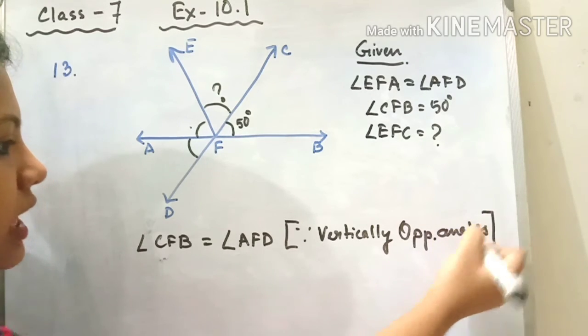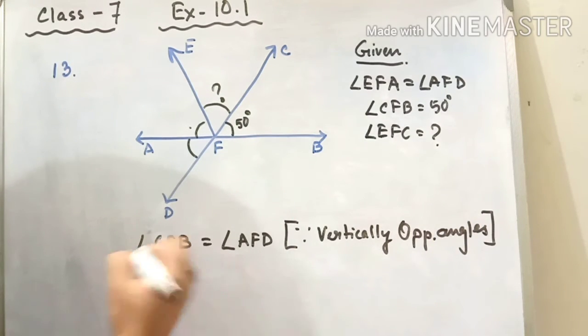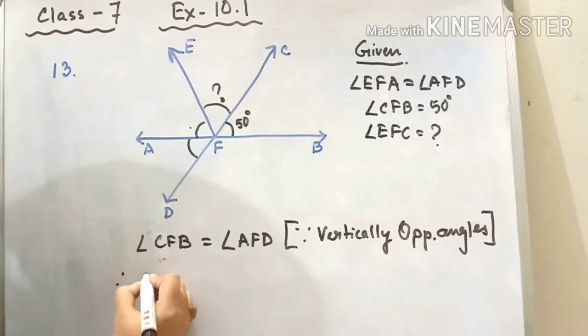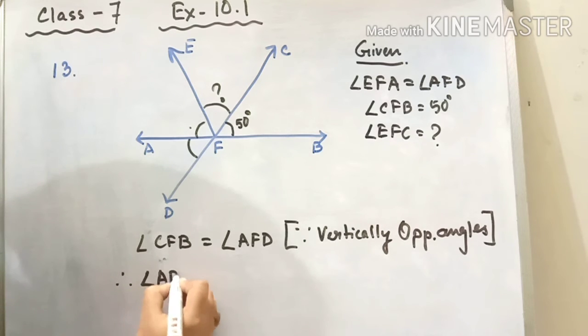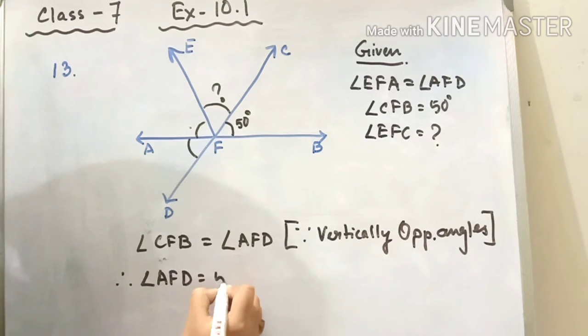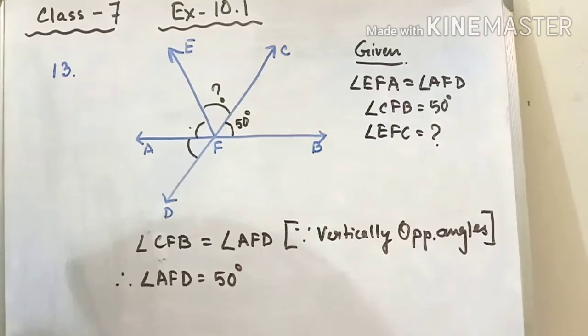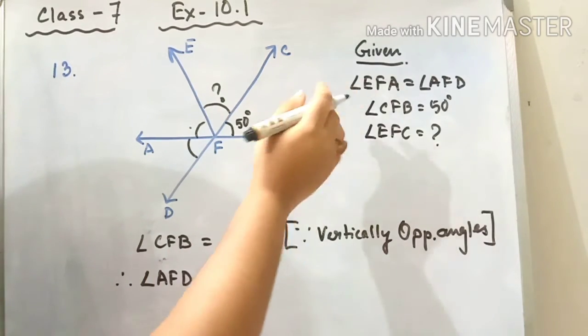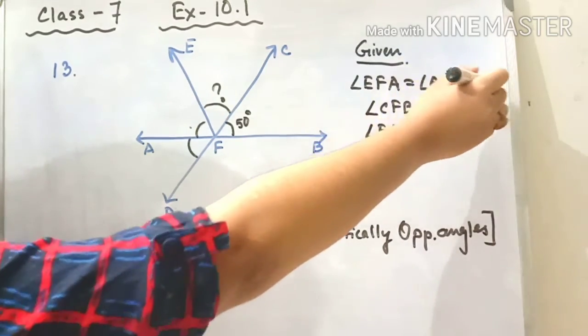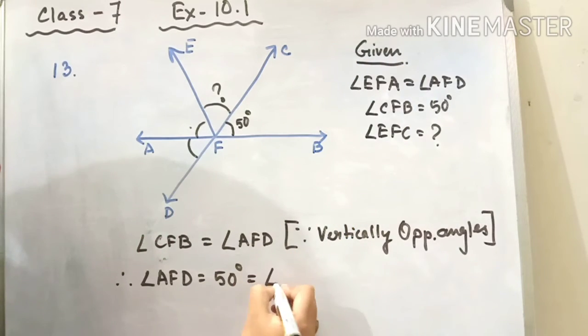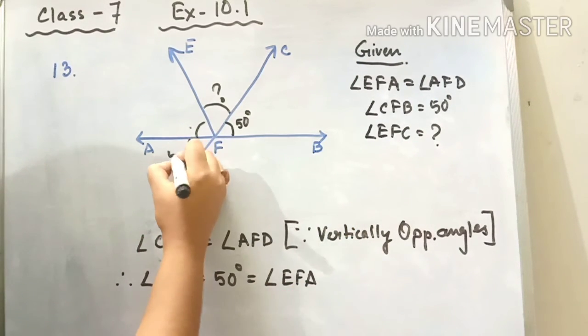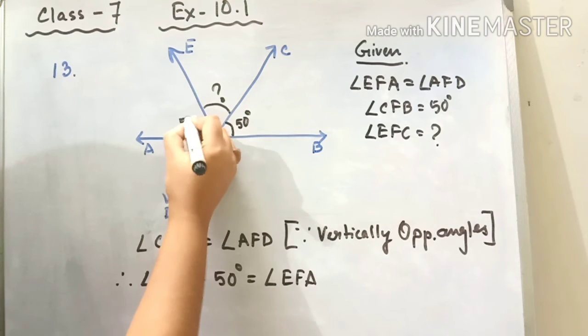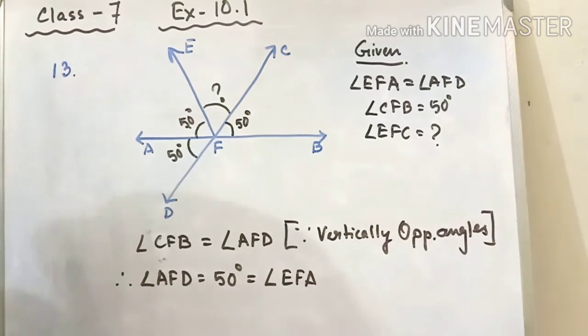Right? Therefore, we can say from there that angle AFD is equal to 50 degree once again. Now, it has been already said that angle AFD is equal to angle EFA. That means if this is 50 degree, this is also 50 degree.